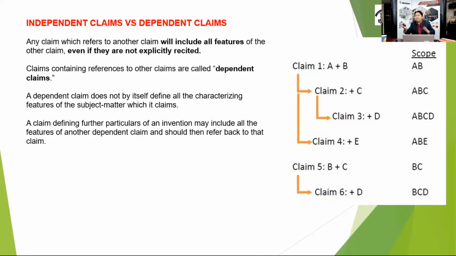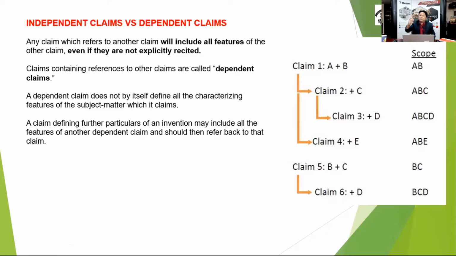If you look at the example on my right side, you see that claim 1 is A plus B. Claim 2 is the dependent claim which refers to claim 1 plus C. So it means A, B, C. Not sure whether you can see this, on my right side, which is maybe your left side.